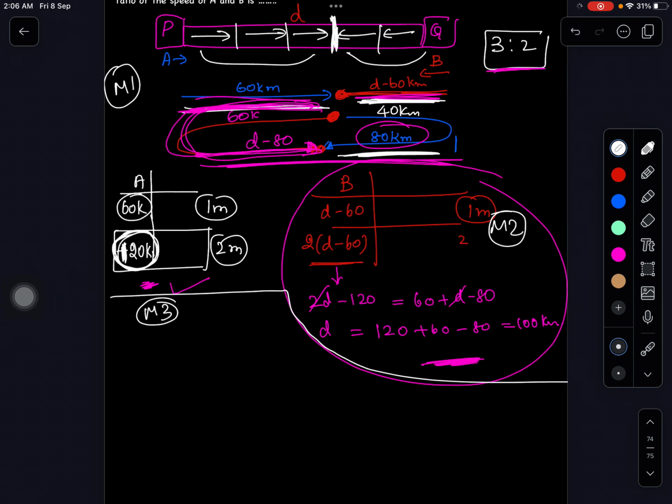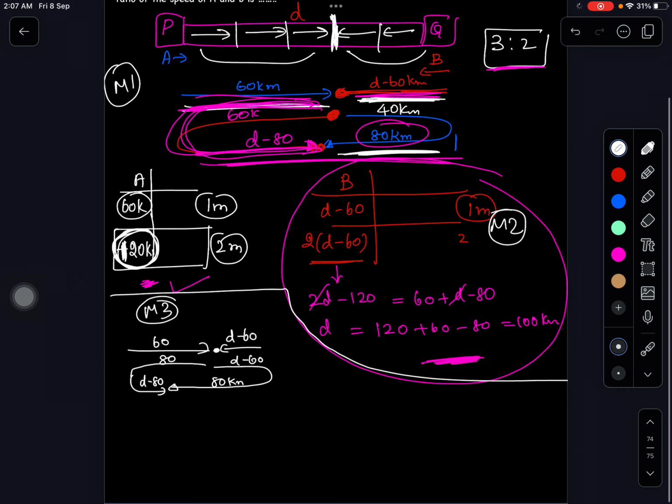So the question is this: A has covered 60 kilometers, B has covered D minus 60 for the first meet to happen, and after that A completes the track length and comes, let's say, 80 kilometers more. That is, A completes D minus 60 and comes 80 kilometers, whereas B completes 80 kilometers more and comes back D minus 80.